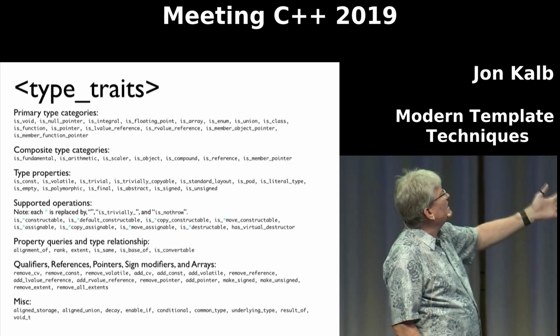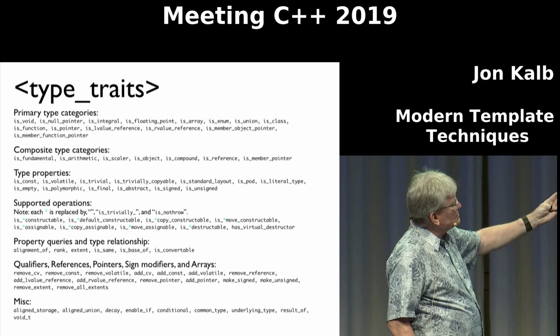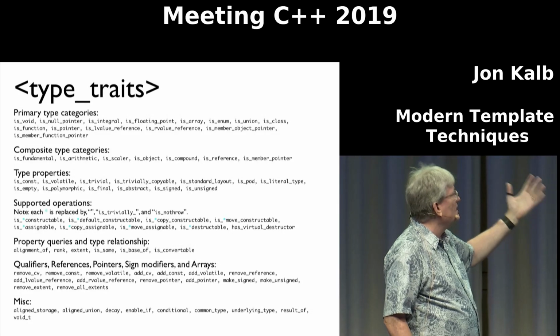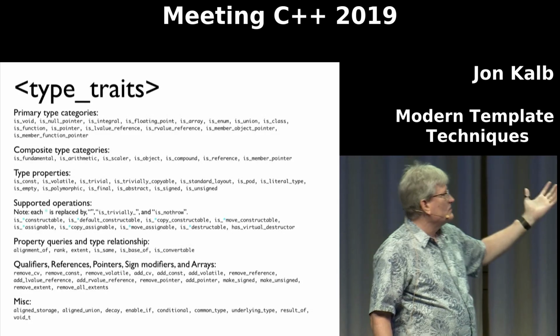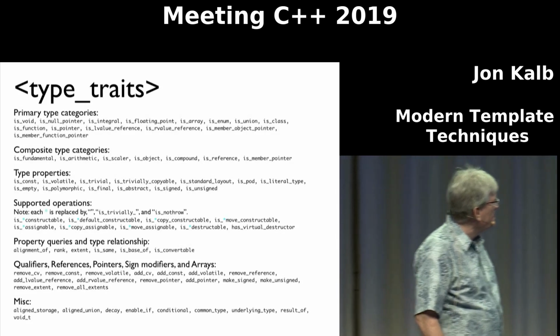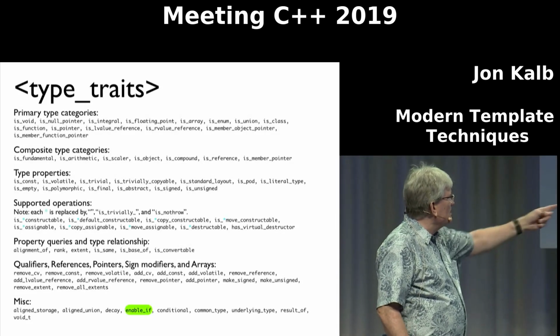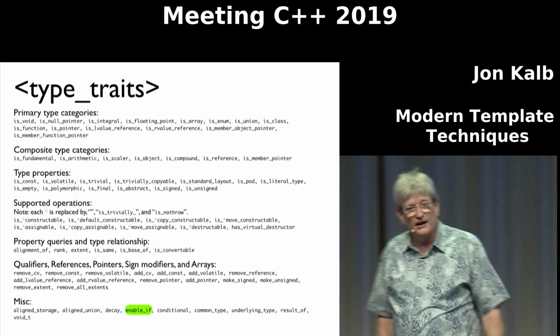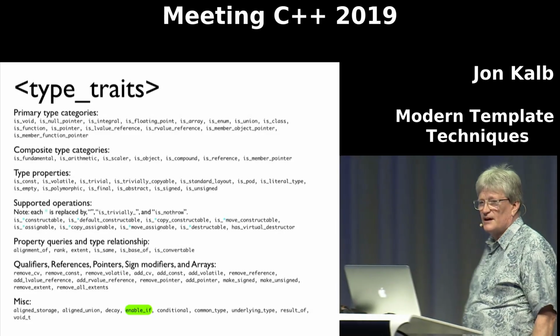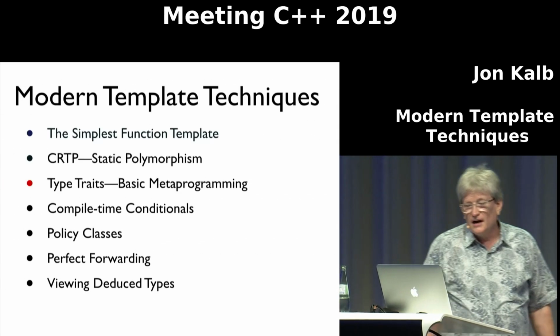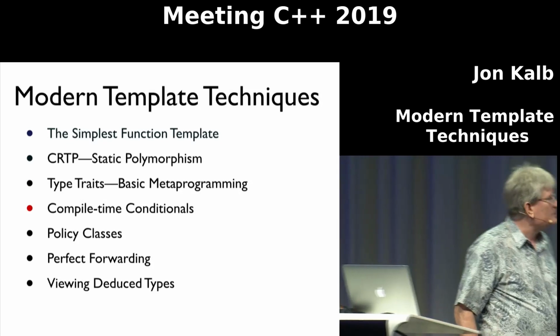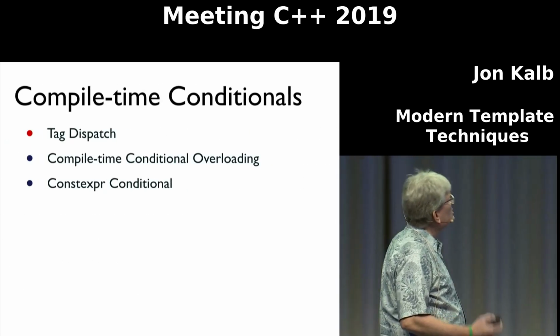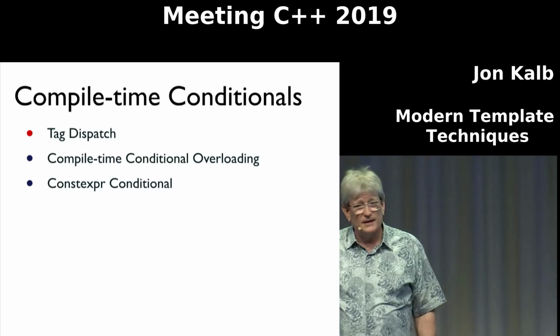So all these things are available to us, a whole bunch of different characteristics, and the way to find this, of course, is cppreference.com. There's one particular one I want to point out, enable if. We're going to talk a little bit more in depth when we start talking about our next step, which is compile time conditionals.